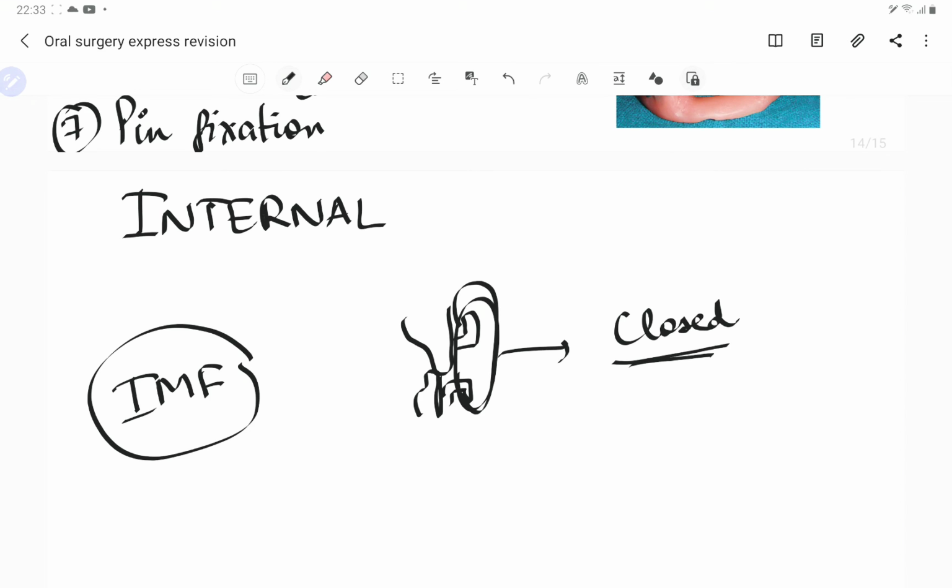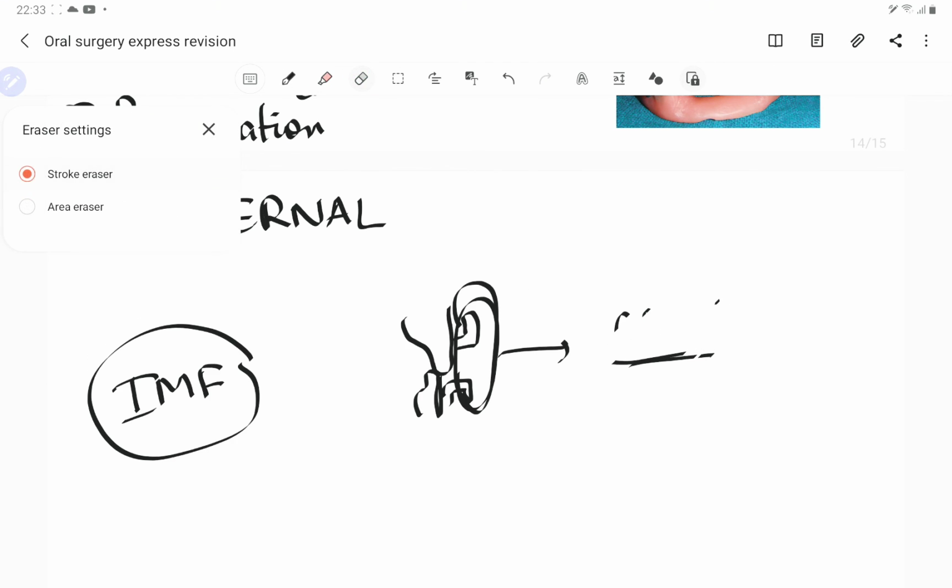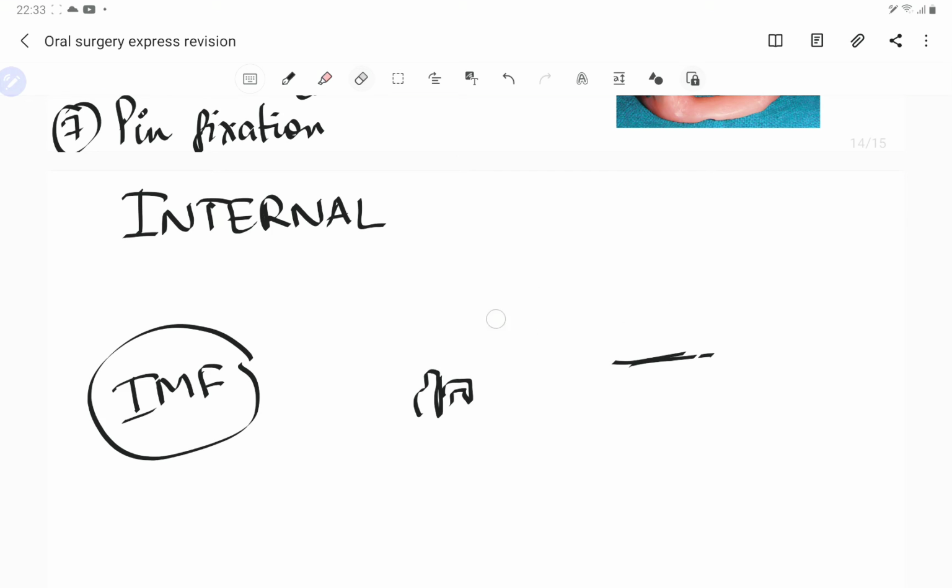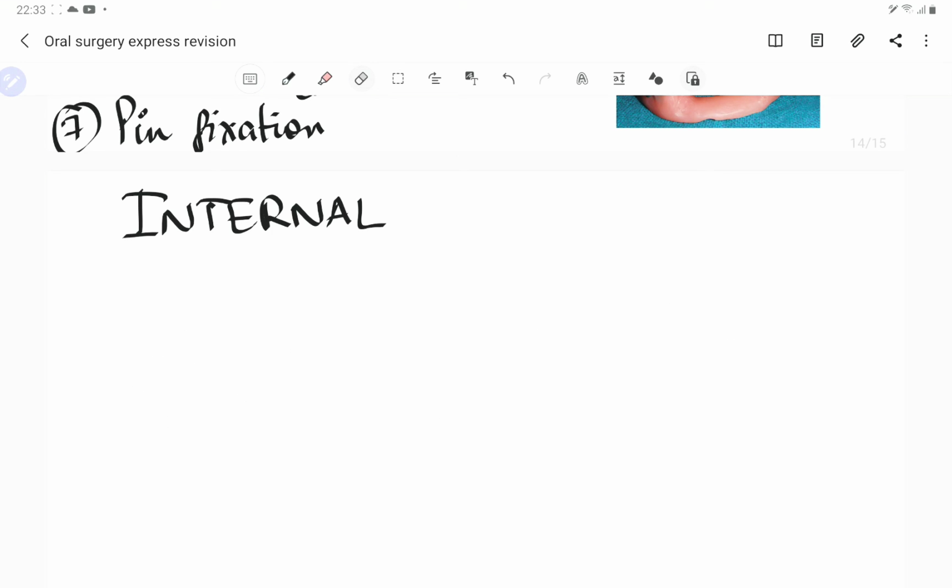So that is the closed reduction, when the fracture segments are in their position, when they are favorable fractures or when there is a non-displaced fracture, we go for the closed reduction. But if there is, say, a displaced fracture, an unfavorable fracture, all these situations, we have to surgically expose the area and then put the plates or the screws into it, and this is what we call the internal fixation, right?